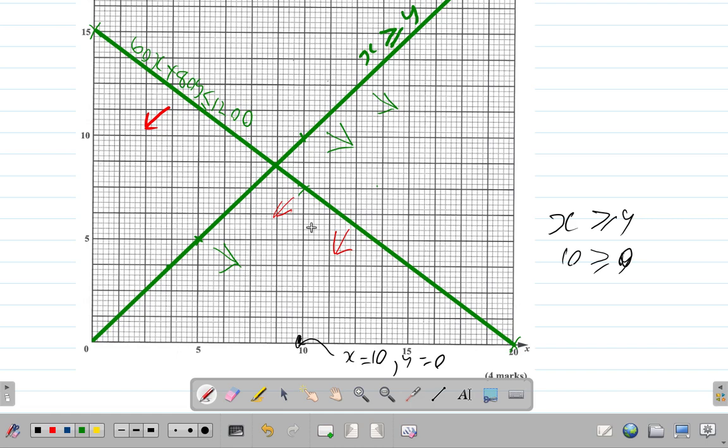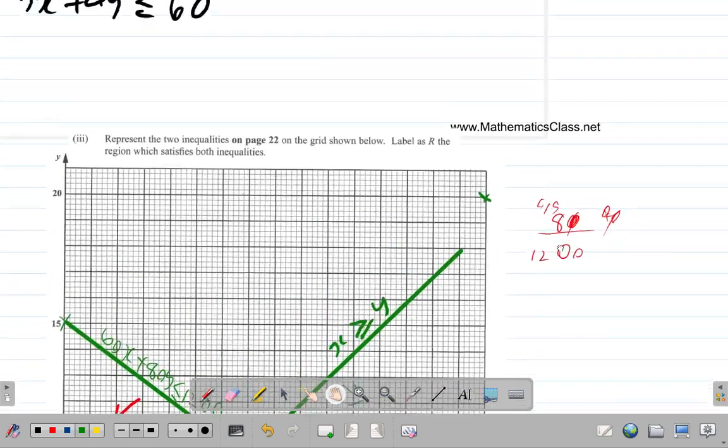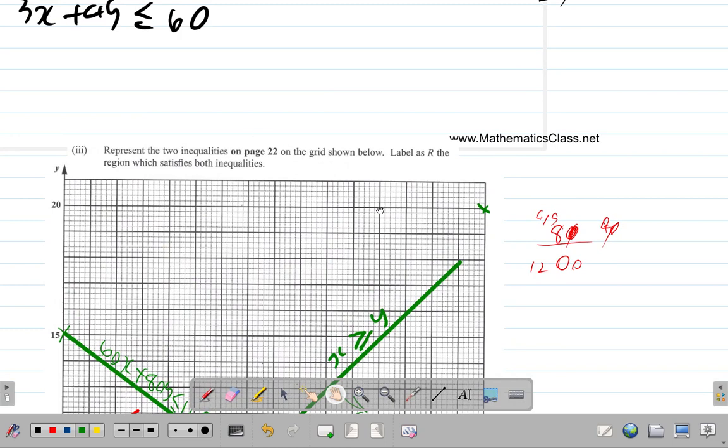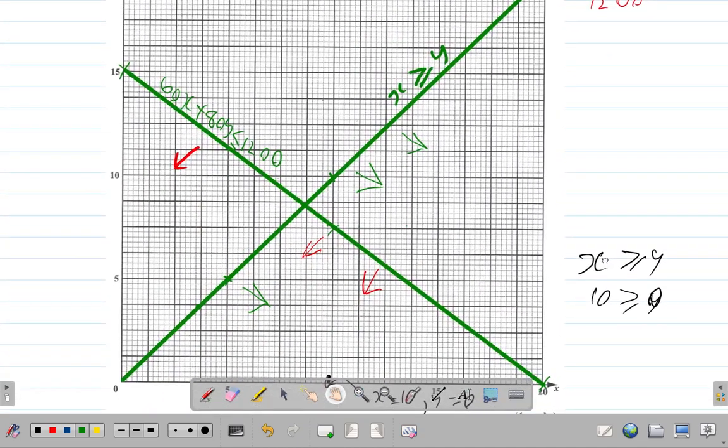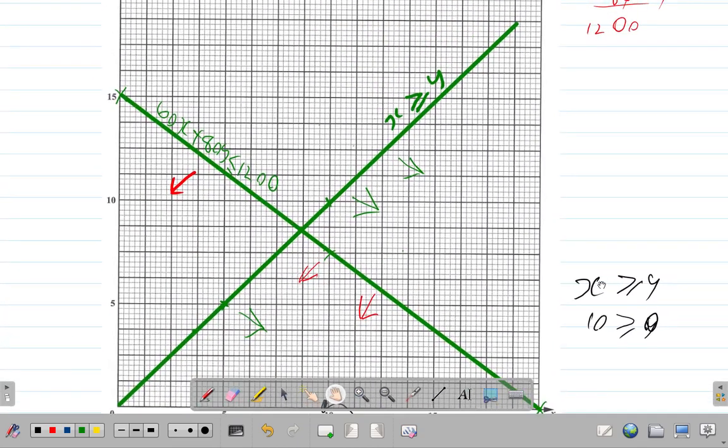Alright, so they say again, label as R the region that satisfies both inequalities. Alright, good. You see, this region satisfies none of them.